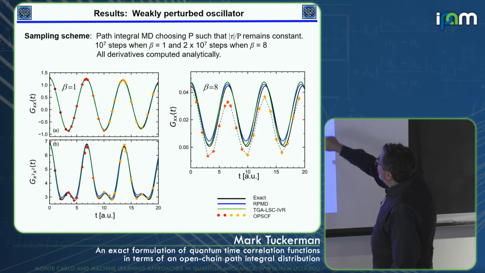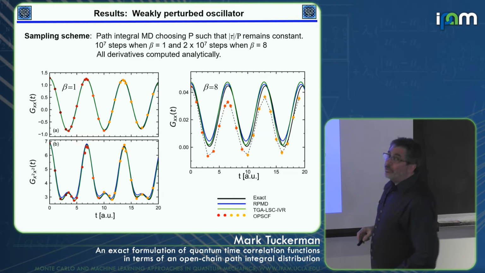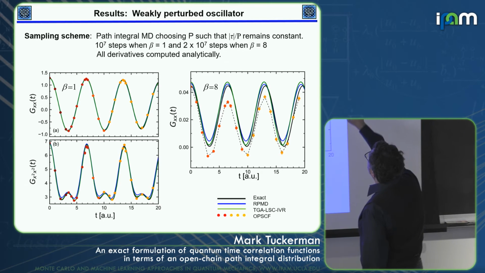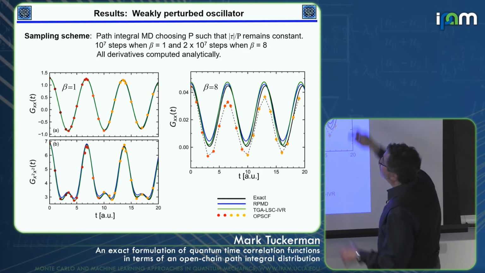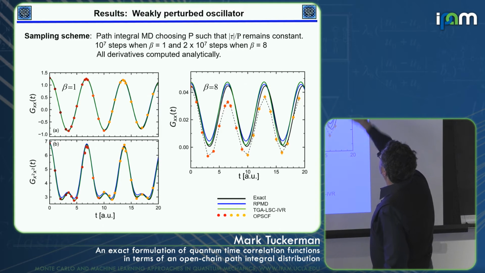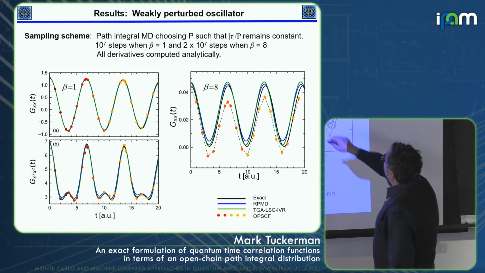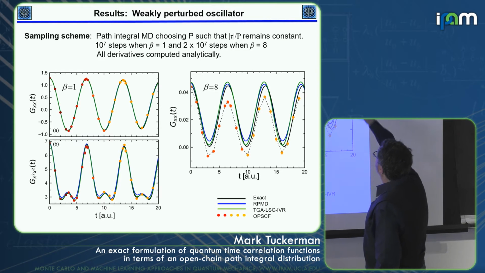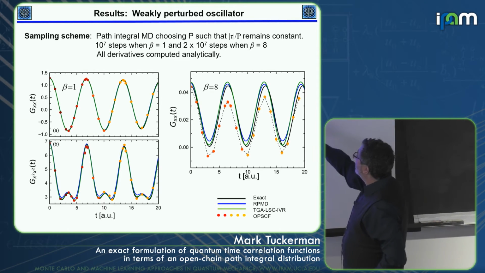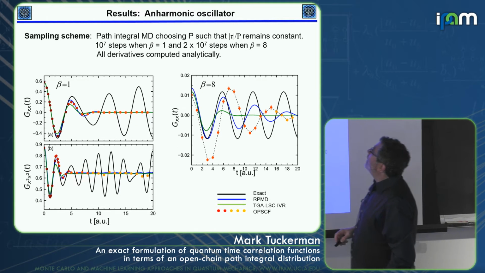So the open chain is kind of not doing so well. Okay, you get the right frequency, and you can see the RPMD is sort of missing the frequency. It's getting out of phase with the exact result. So it was the semi-classical one. Okay, we're going to see what the source of this error is in a moment. All right, but something to keep in mind, something is not quite right there. So we'll get back to that.